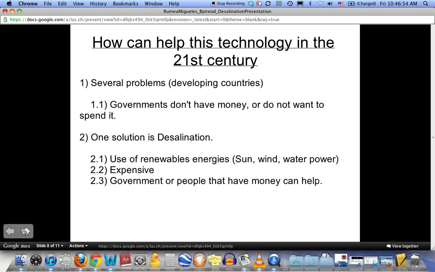the population in the world is increasing really fast, and a lot of places struggle with water. Not because they are poor, it's just because they are in a place where the water doesn't come from the mountains, and they don't have enough, so they have to use these processes to have water.